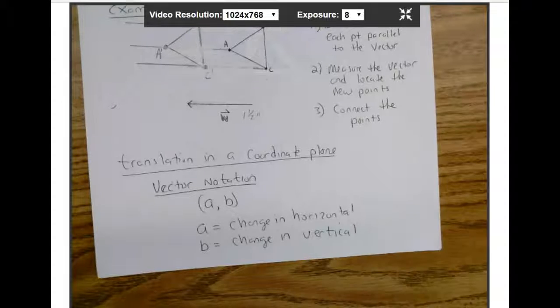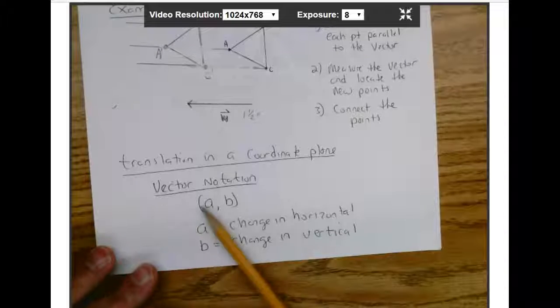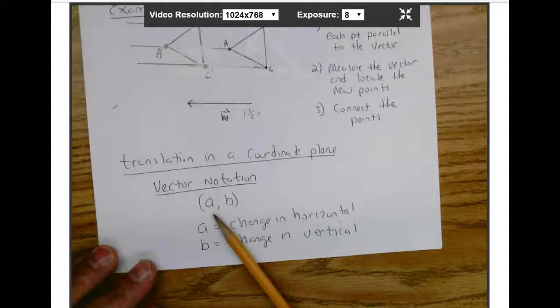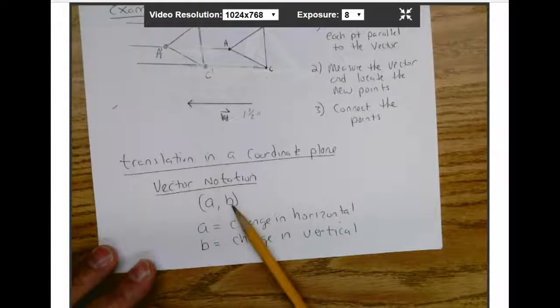It has the plane labeled, negatives and positives, y's and x's, and we can figure out where that new point would be because of that. In vector notation, we have an A and a B, and it's just like you would think. X is along the horizontal, so A would be referring to the change in the x, and then B would be the change in the vertical, or the change in the y.